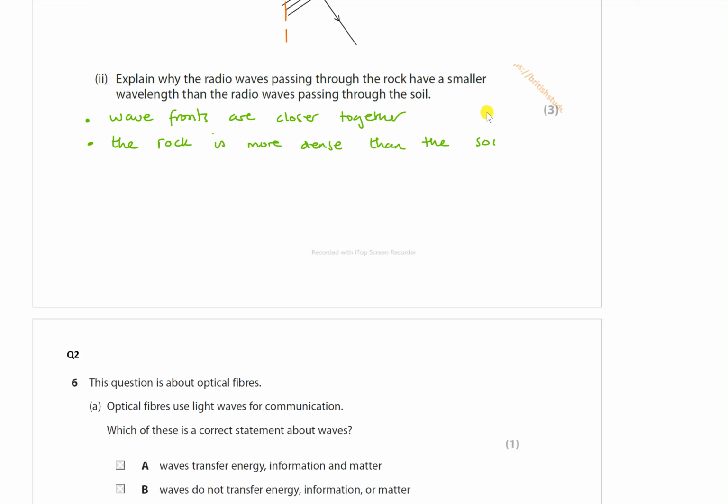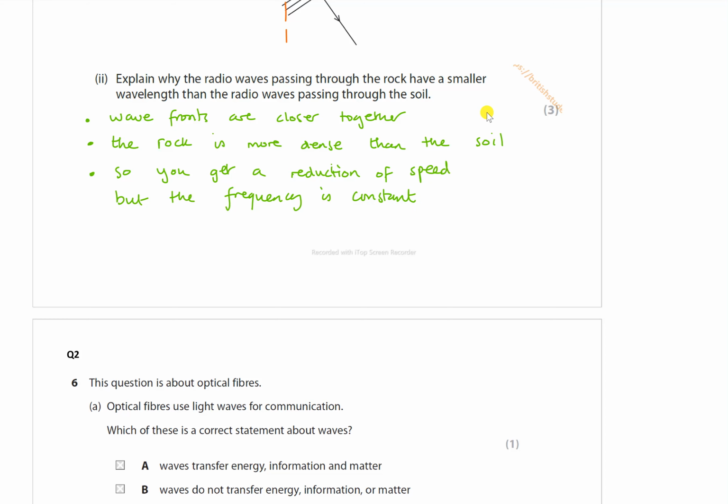So just remember that when you go from less dense to more dense, you get a reduction of speed. But remember, the frequency is constant, is the same.